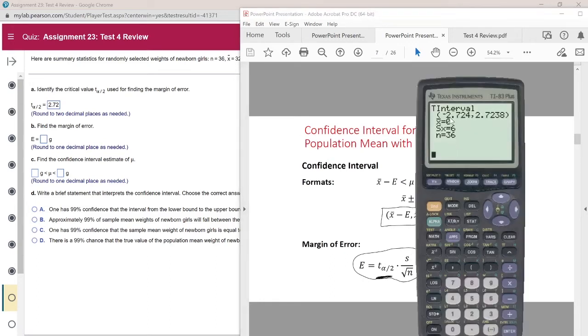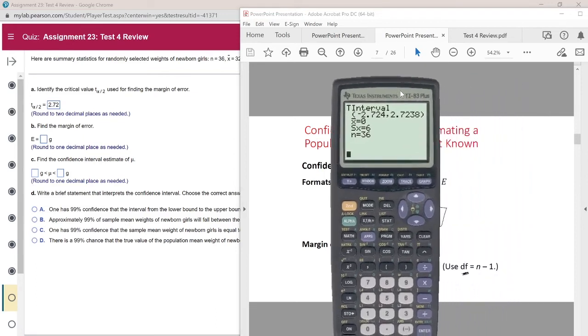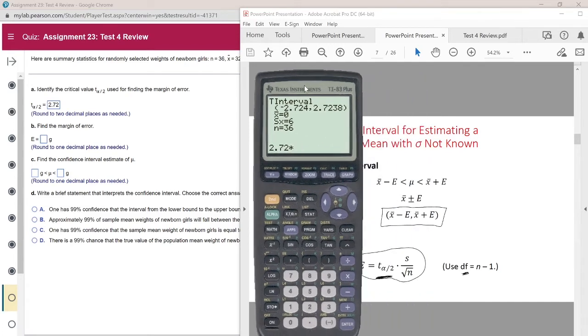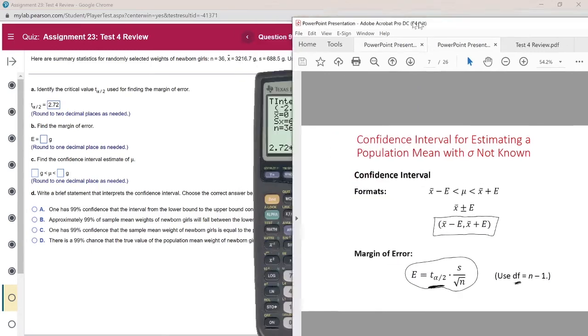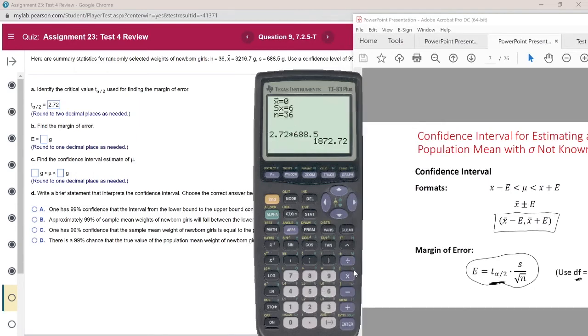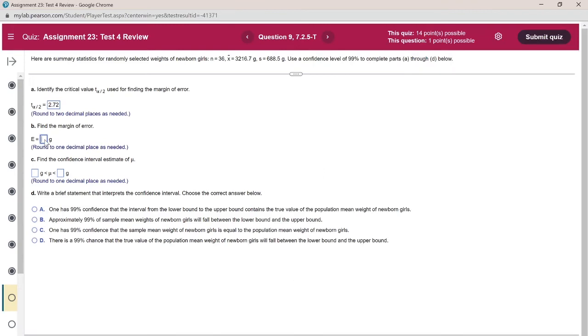Here we have the t value, which is 2.72, times the sample standard deviation, which is given, 688.5, divided by the square root of n. Here n is 36, so the square root of n is 6, and that gives our margin of error, 312.12. To 1 decimal place, it's 312.1.